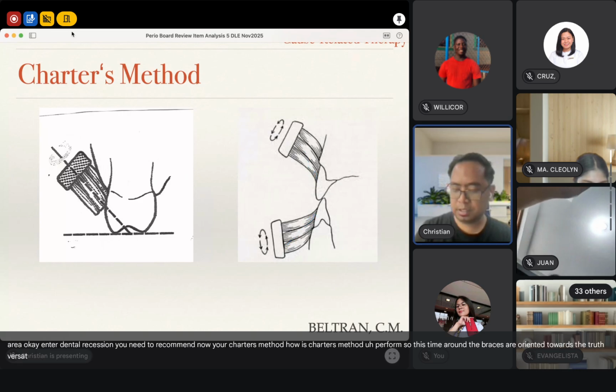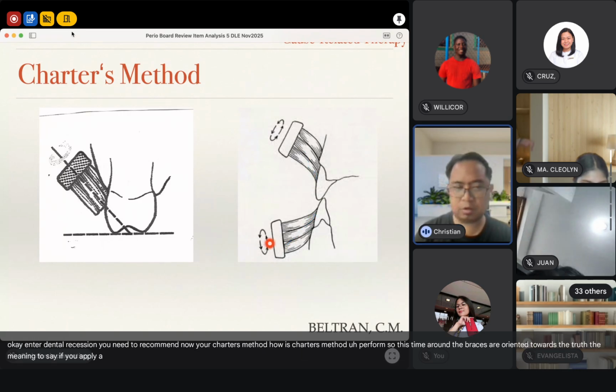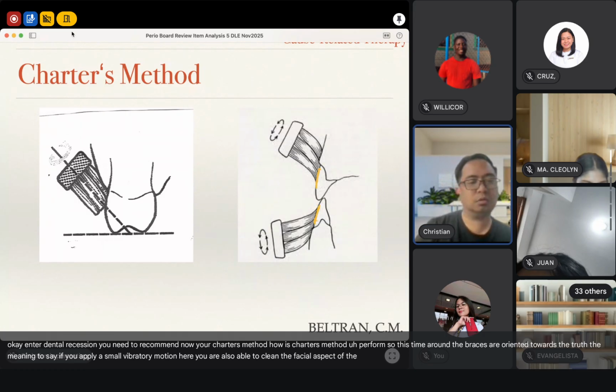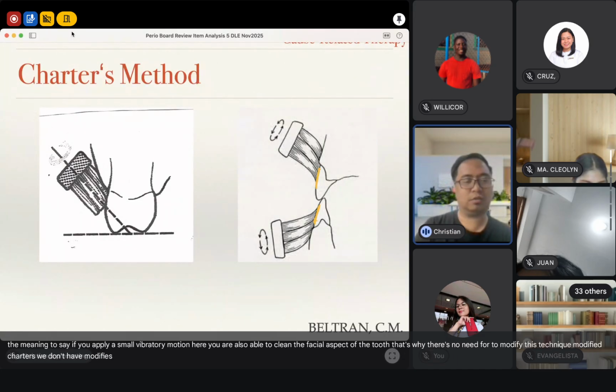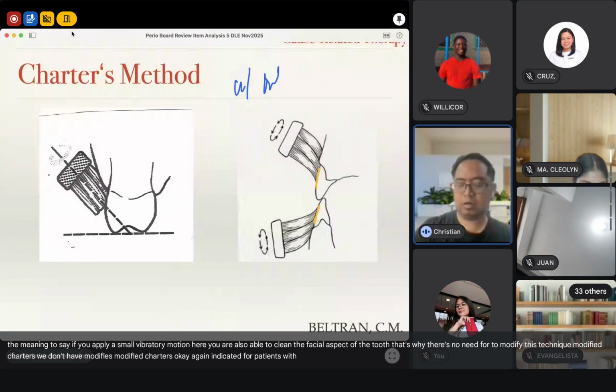That's the tooth. So meaning to say, if you apply a small vibratory motion here, you are also able to clean the facial aspect of the tooth. That's why there's no need to modify this technique. Wala siyang modified Charters. We don't have modified Charters. Okay? Again, indicated for patients with interdental recession.